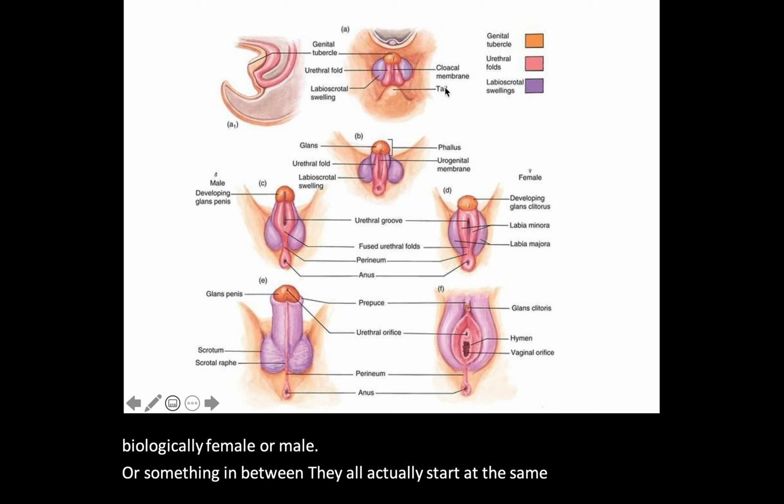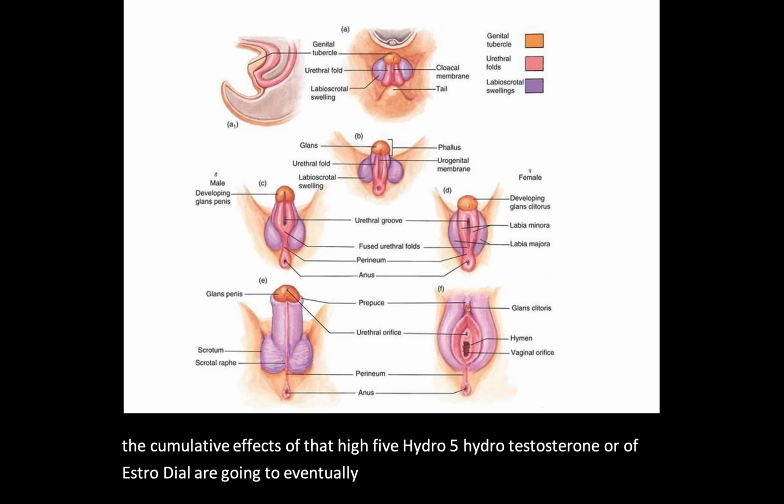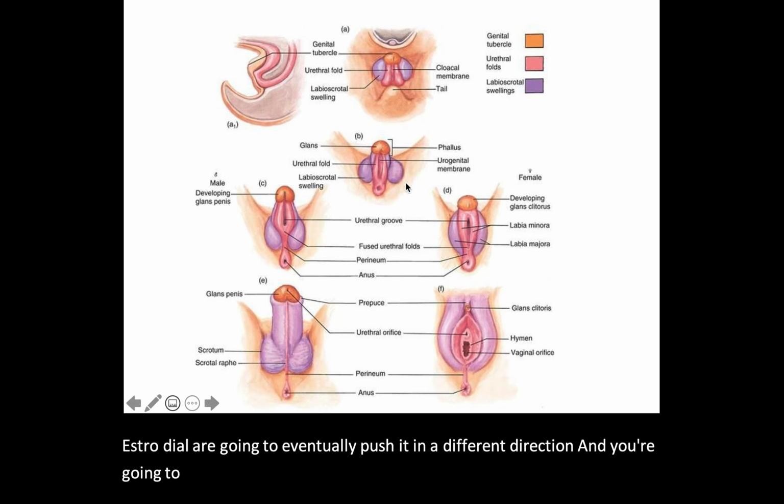And then the cumulative effects of that 5-hydrotestosterone or of estradiol are going to eventually push it in a different direction. And so you're going to get this little starting format, and we're basically just going to rearrange the same parts.